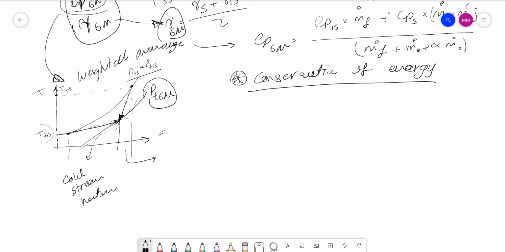There is just mixing happening, right? Energy coming in is m dot 5 out of the turbine times ht5 plus m dot 15 times ht15. Okay. This is going to be equal to the energy going out, which is m dot 6m times ht6m. Okay.